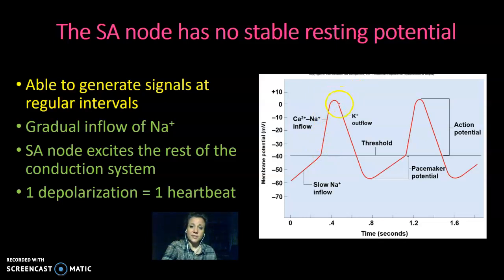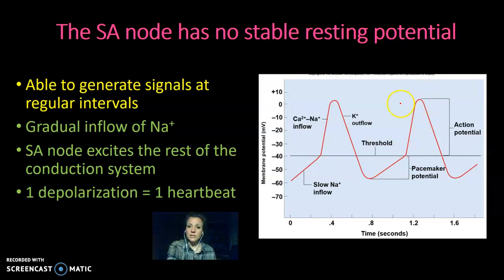And then on the downside, our potassium ions are going to go out. And because we have some more positive ions leaving the cell, that's going to make our membrane potential become more negative. And then we have a slow sodium inflow again, and then the whole thing just starts all over again.